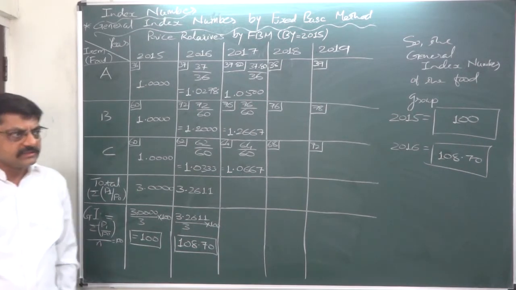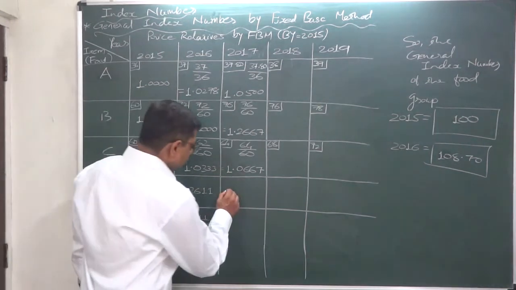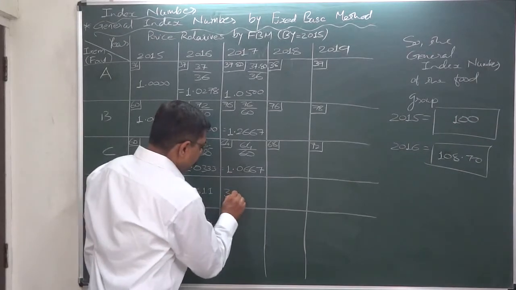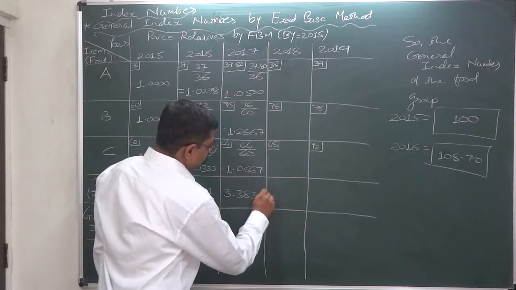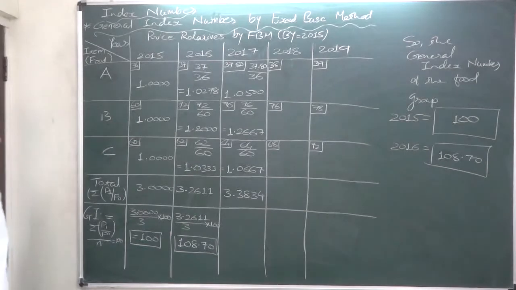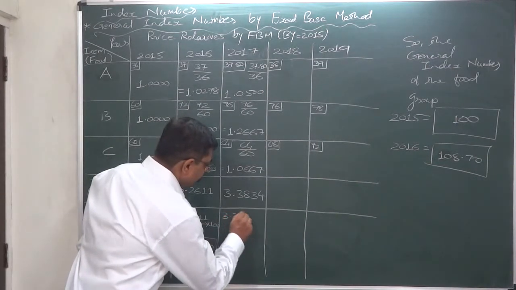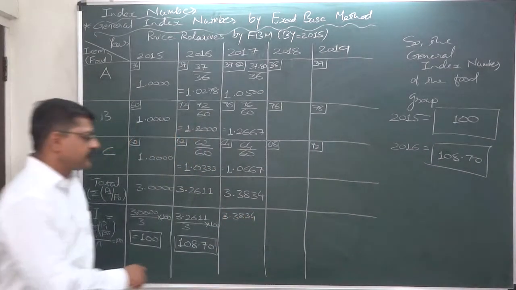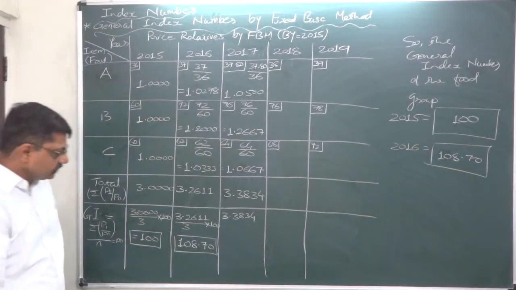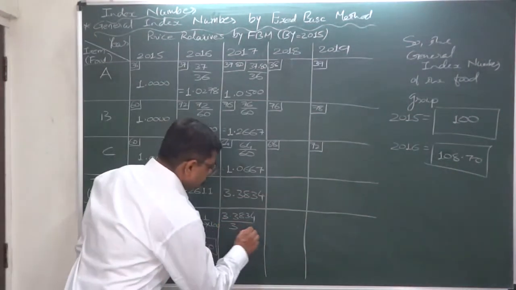for the year 2017, and the total comes to 3.3834, total of all these 3. We are getting total because we want to calculate general index number, and general index number is total of price relatives for all the items divided by number of items into 100.